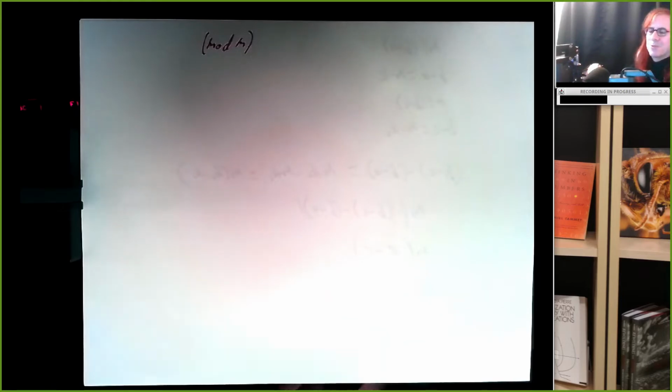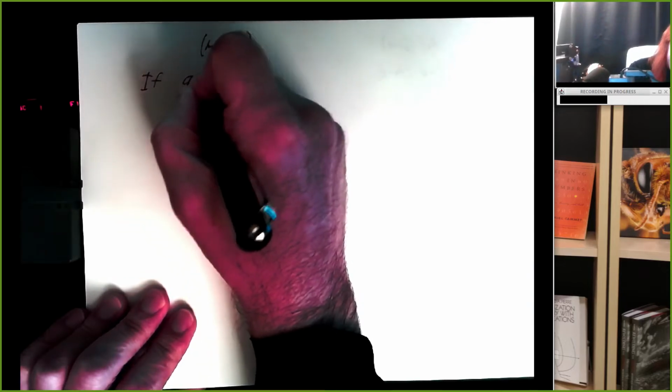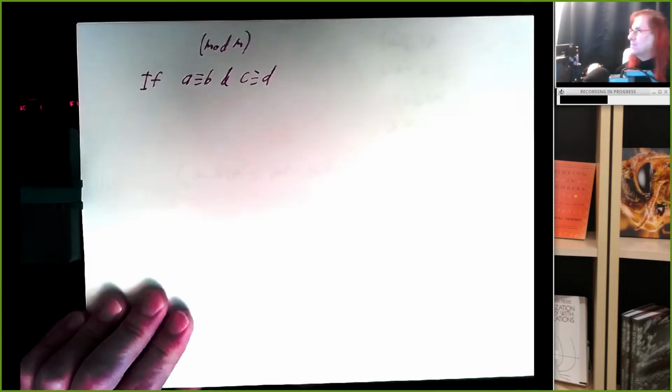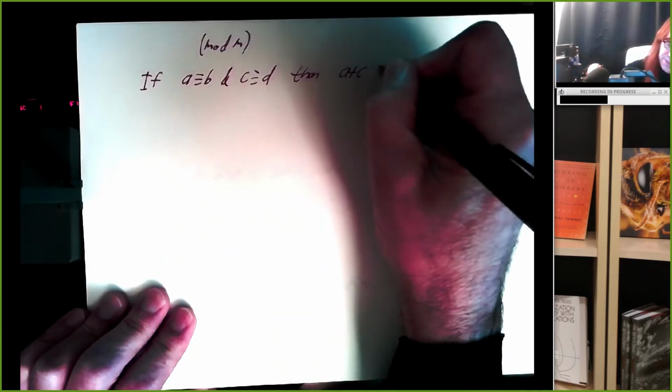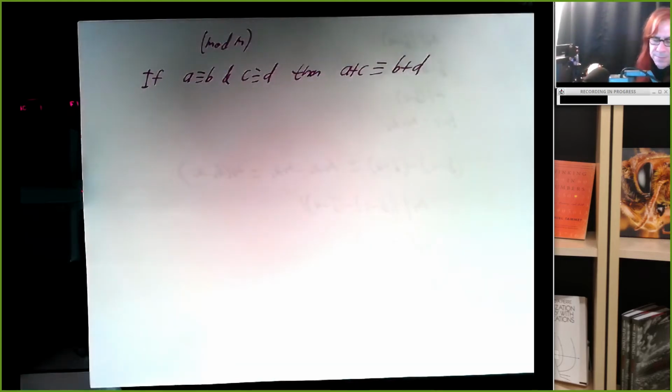I'm not going to keep writing modulo m next to each of these statements, but everything we're doing here, just think of some fixed positive integer m. We're working in that modulo. So here's a theorem. If a is congruent to b and c is congruent to d, then a plus c is congruent to b plus d. So you can kind of line these up and add them together.